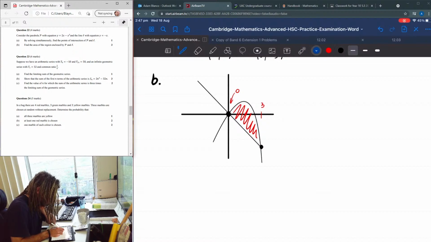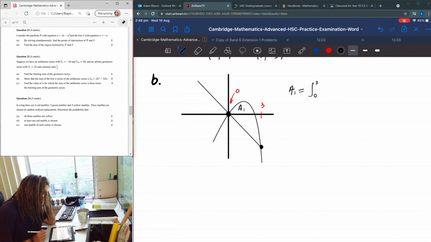Let me get rid of that. Let's call this area 1. Area 1 is going to be the integral from 0 to 3. Oh, hang on a minute, no, I can't do that, can I? I'm going to have to go from... How am I going to do that?